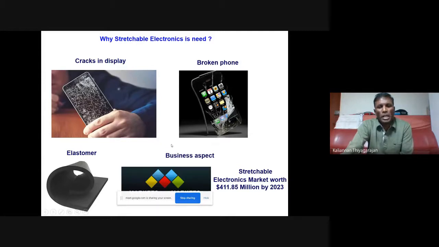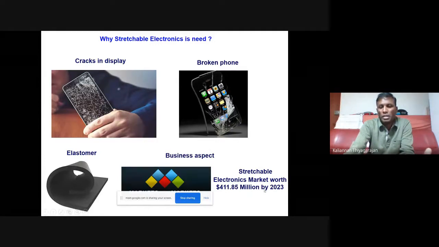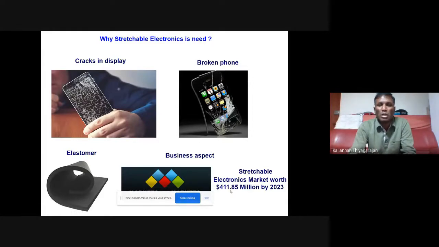Another aspect of stretchable electronics is that it has huge potential for business in the coming years. If someone wants to invest, this is one of the areas. If new entrepreneurs have enough money, they can invest in this field, because one company, which calculates markets, identified that in 2023 there will be a 411.85 million US dollar market for stretchable electronics alone.